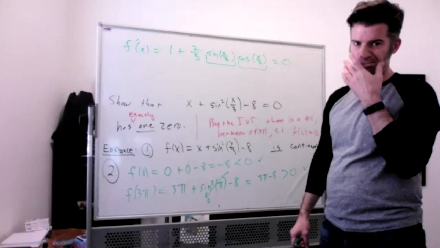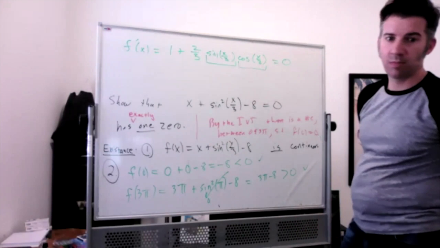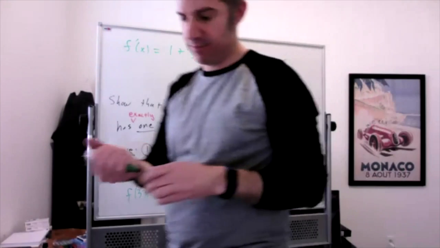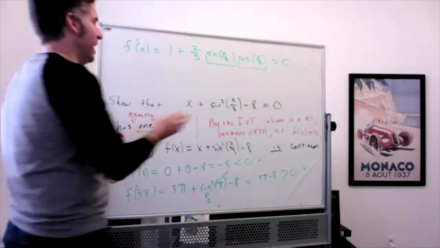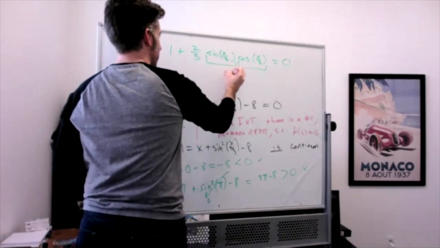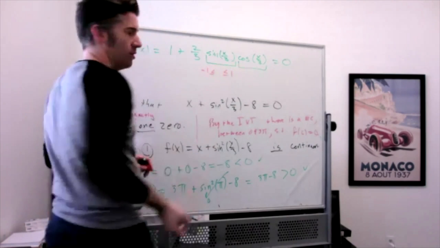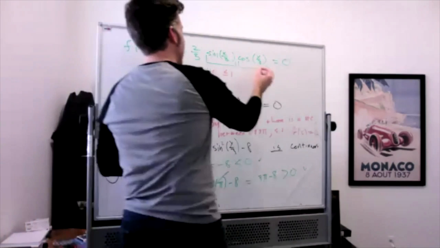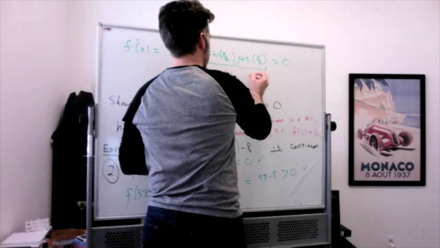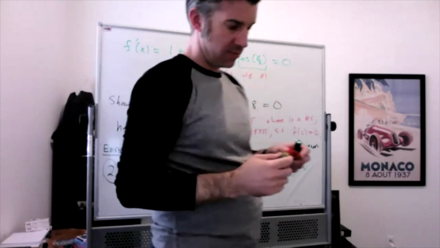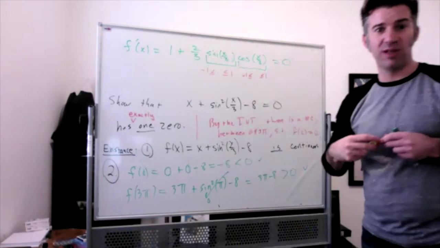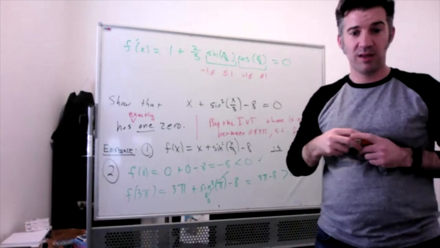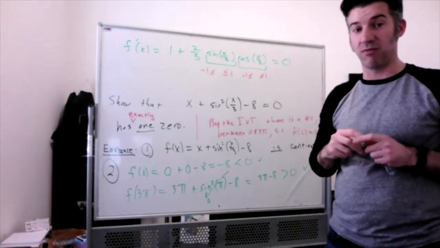Let's think about it this way. Sine has to be between 1 and -1. Cosine has to be between 1 and -1. If you take two things that are between 1 and -1 and multiply them together, the most negative they can be is -1.